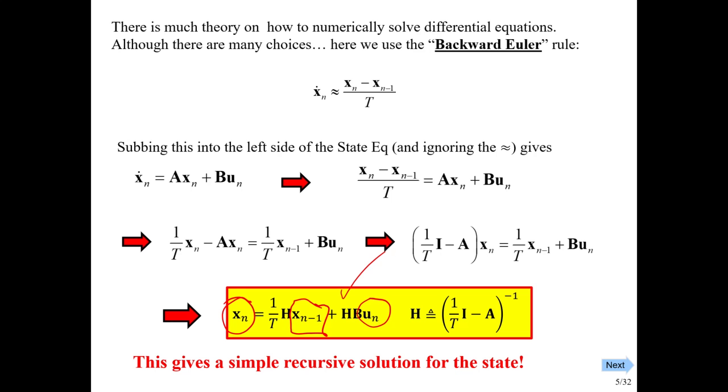And whereas A was the important matrix before, this H is now the important matrix. So H, together with 1 over T, tells us how the state at time n minus 1 transitions with the help of the input to the state at time n. And so that's the idea.